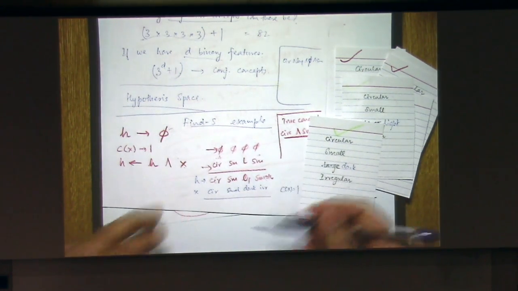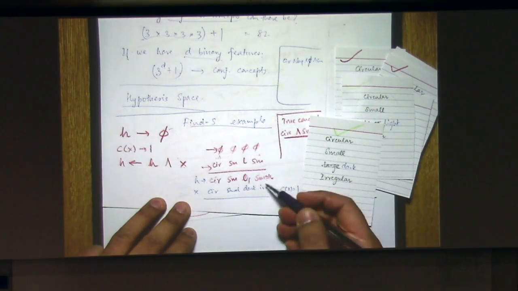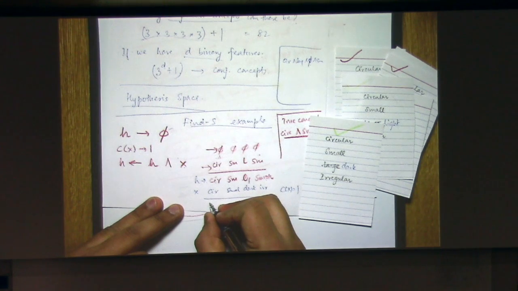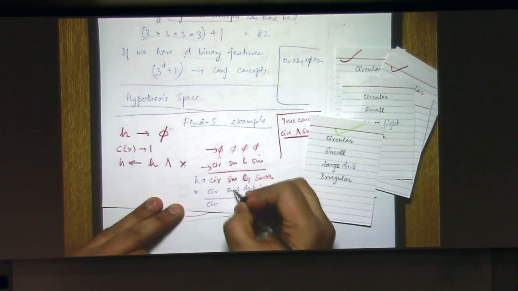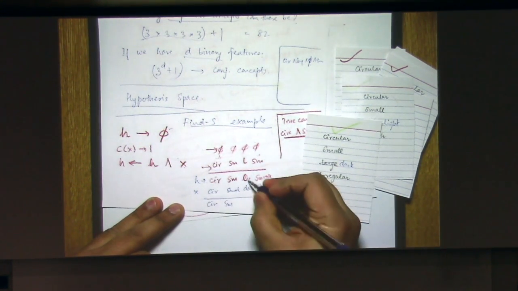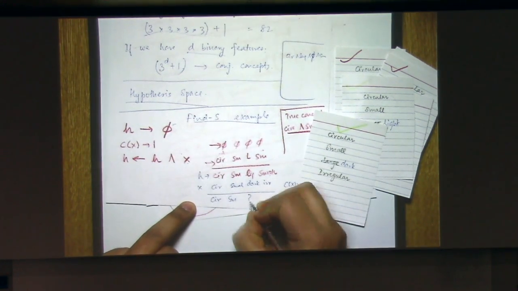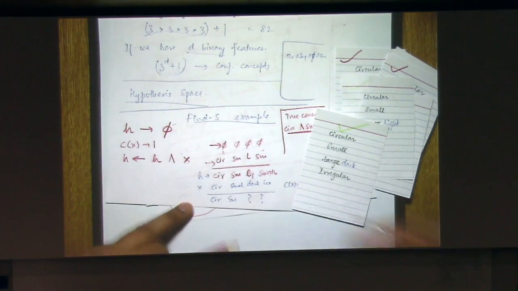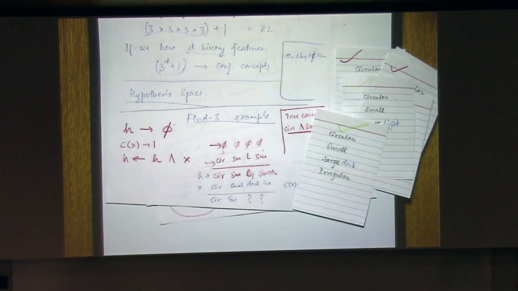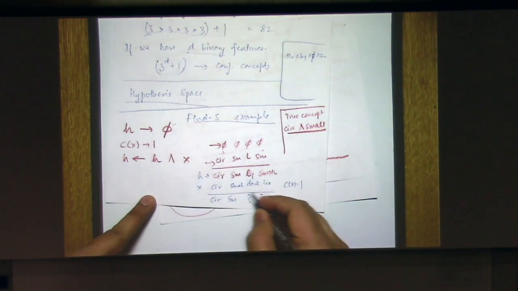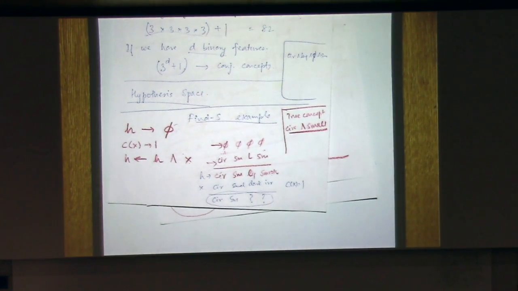If they do not match, then you make it a question mark. Circular, circular is fine, so you replace it with circular. Small, small is fine. Light and dark do not agree there, so you replace it with a question mark. Smooth and irregular, question mark. If the data is done, then you stop there, and you say that this is my target concept.